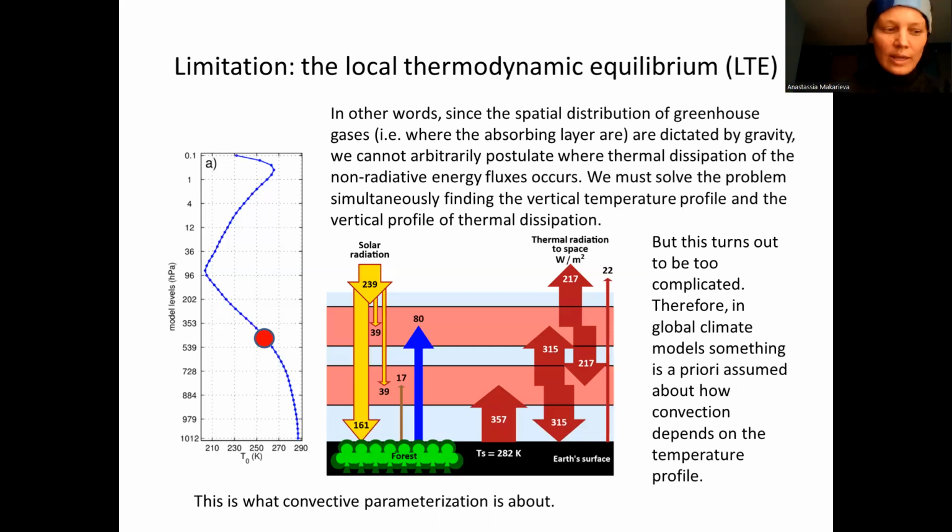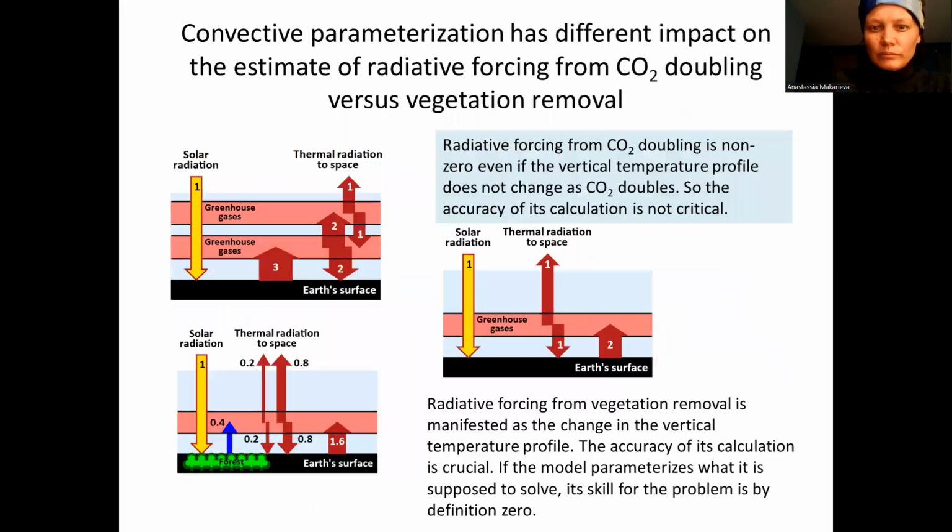And this requires a specification of a critical lapse rate, which can be an unknown magnitude, which will determine how these non-radiative fluxes depend on the vertical temperature gradient.